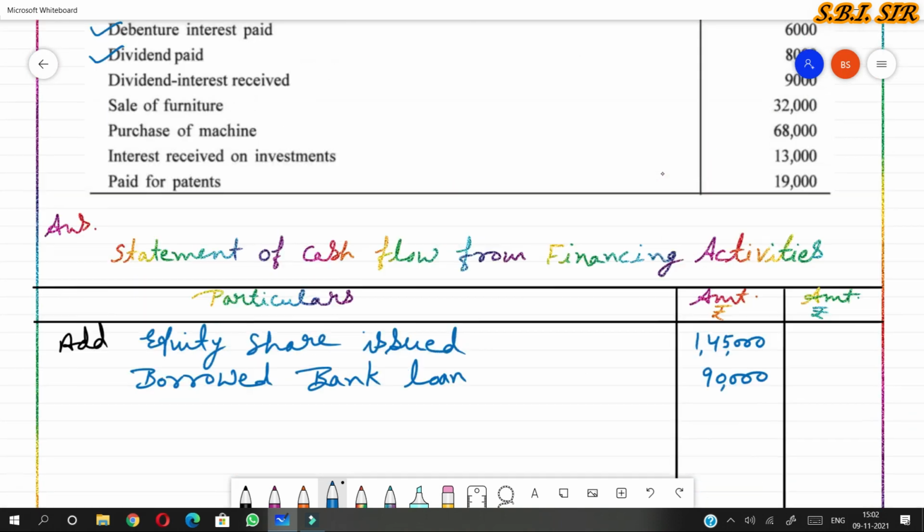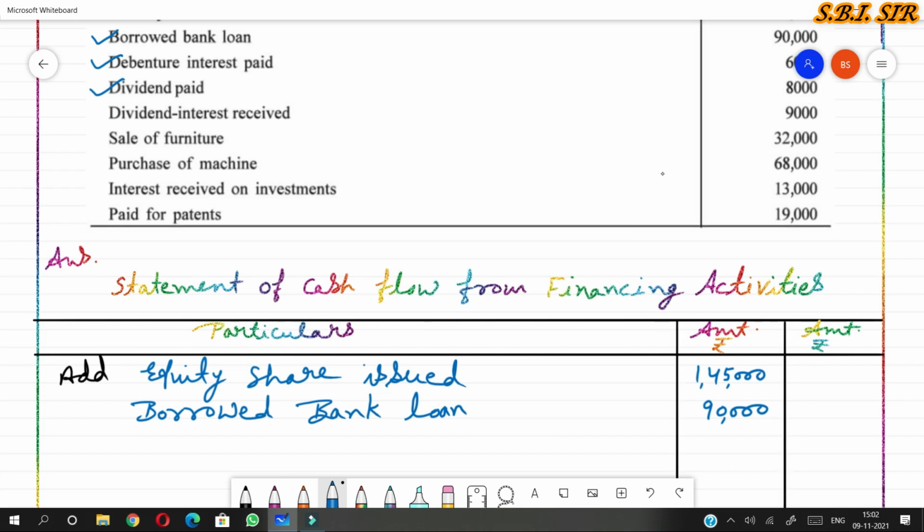Next, dividend interest received. It will not be recorded in financing activities because it is operating activities. Sale of furniture will not be recorded because it is investing activities. Purchase of machine also will not be recorded because it is investing activities.